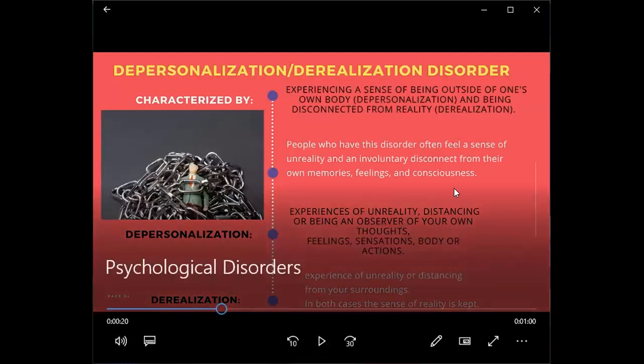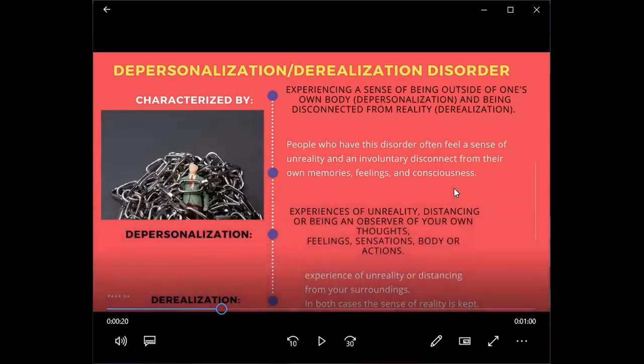All right, so we're gonna talk about depersonalization and derealization disorder. I recognize that there's a lot of information on this screen, so I'm just gonna sum up, because I understand that you can read it. It's basically being outside of your own self, being disconnected from reality. You could be working and just have a split second or minutes or even hours where you're just watching yourself, doing the same thing that you always do, but you're not really paying attention to what you're doing or your surroundings.